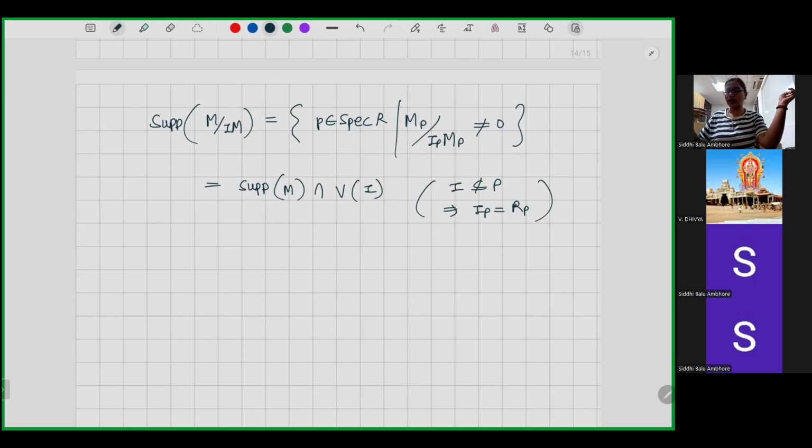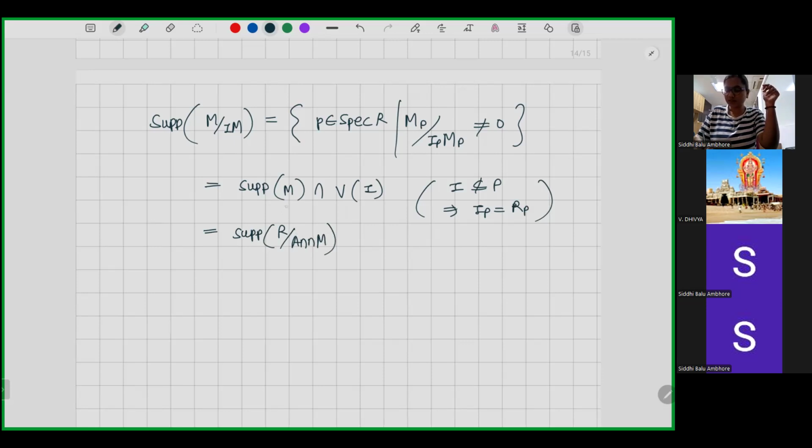So when I look at the prime ideals in a localization, those ideals should not be intersecting with my prime P, because if they do, then we are inverting those elements and so on. So I mean the 2 and 3 case which I proved last time. So remember that. If this is the condition, then I_P will be equal to R_P, and then the support of M will be just the support of the annihilator of M.